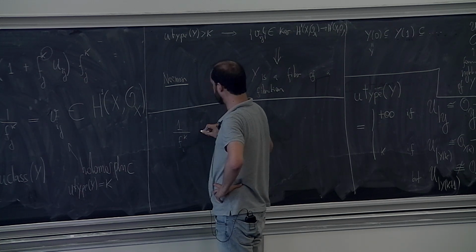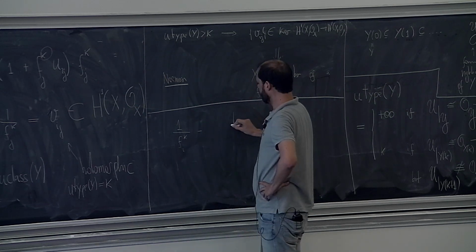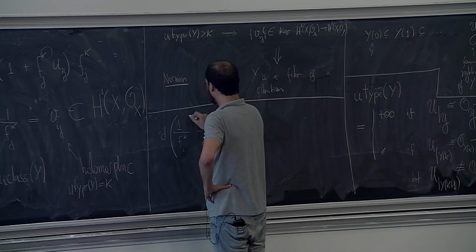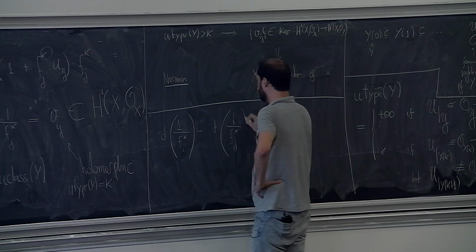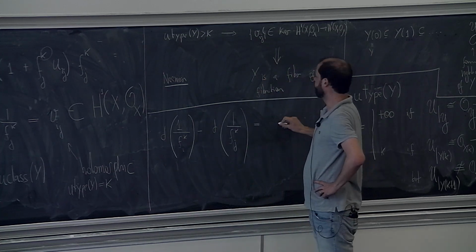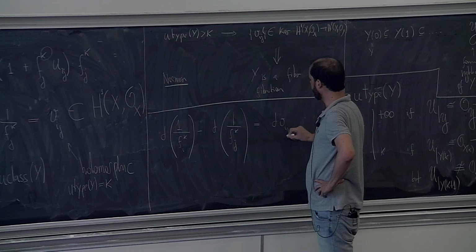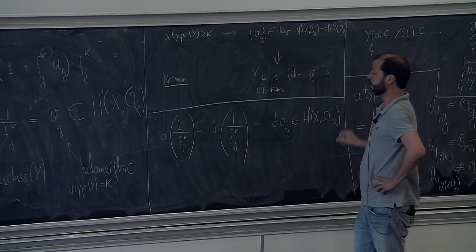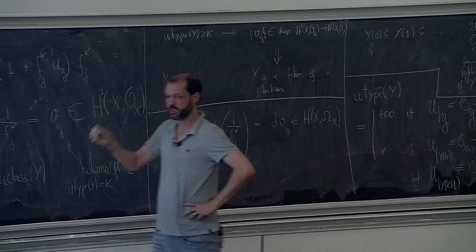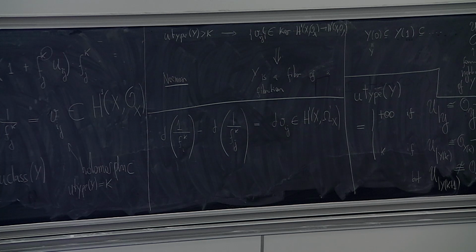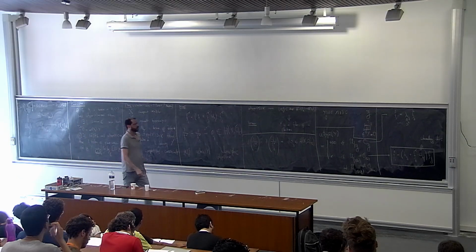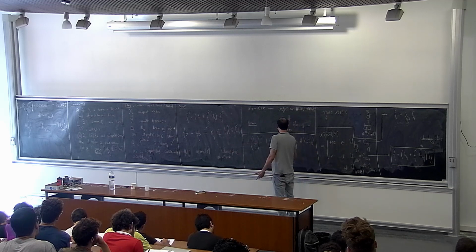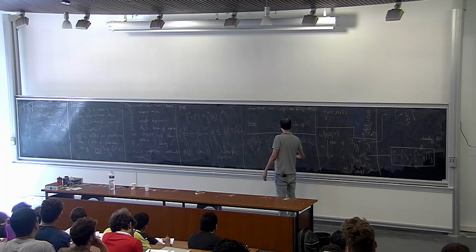Well, if you don't know what to do, you take derivatives, right? And so we get that this guy will be equal to this guy. And then I get this d v_ij, which is an element in H^1(X, Ω^1_X). But we are in the Kähler world, so the Frölicher spectral sequence degenerates at E_1. And so this class is 0, right? And so this thing can be written as alpha_i minus alpha_j.